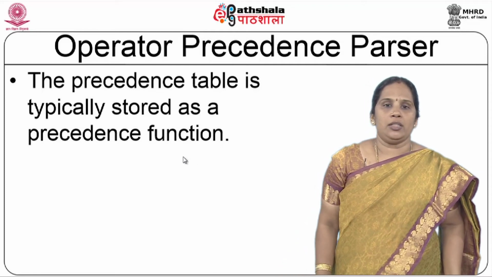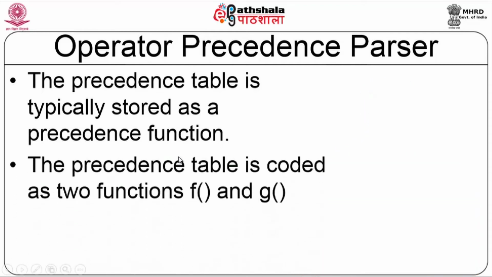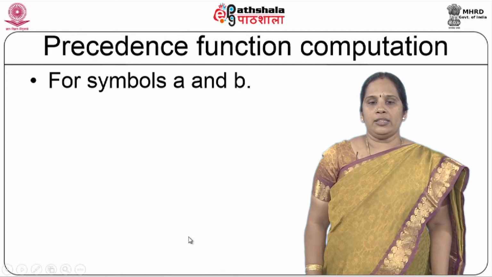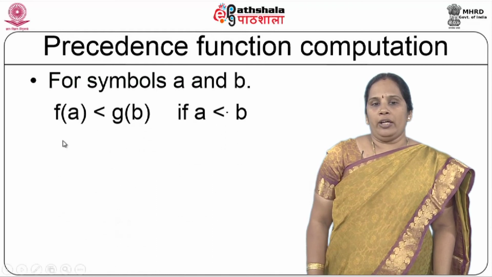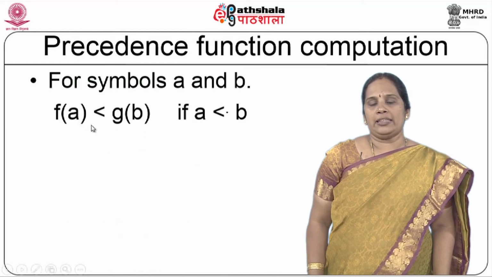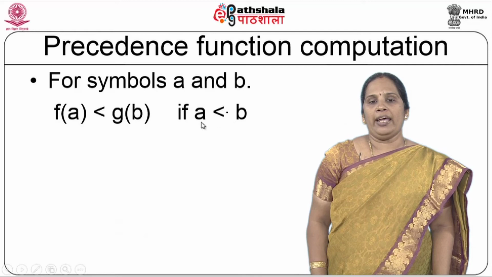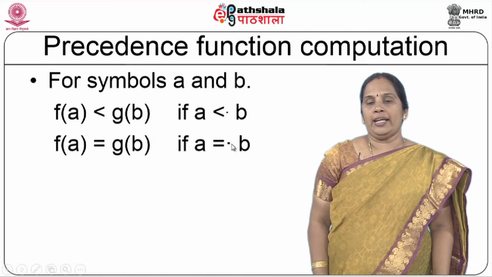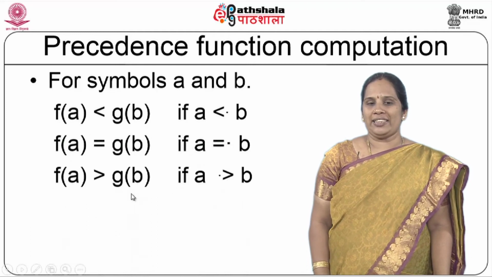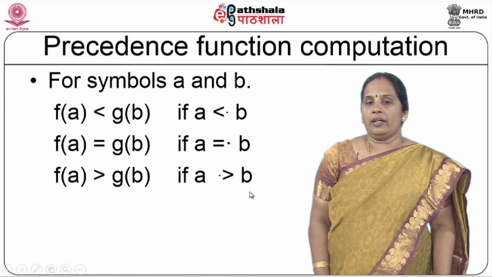Now, how do I construct this precedence function? The precedence function is encoded as a table with two functions f and g. For symbols a and b, which are terminals, you set f of a less than g of b if a has a lesser precedence relationship than b, equal to if a equals b, and greater than if a has greater precedence than b.